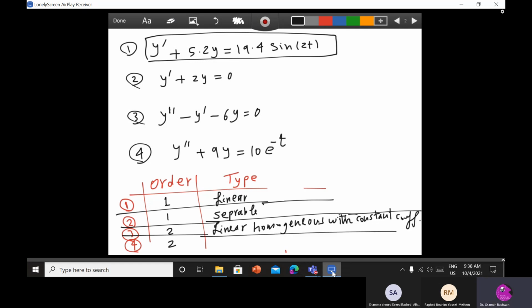The last one, number four. Also linear, but non-homogeneous, right? Yes, non-homogeneous, because you have a function of the independent variable t here.